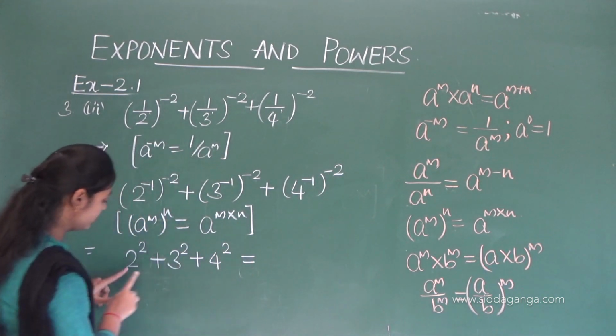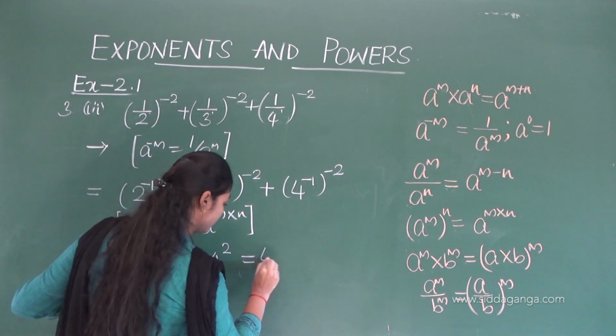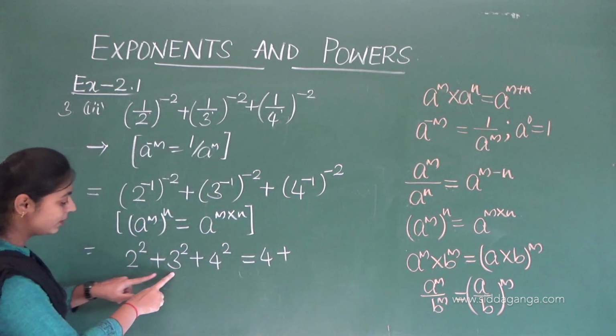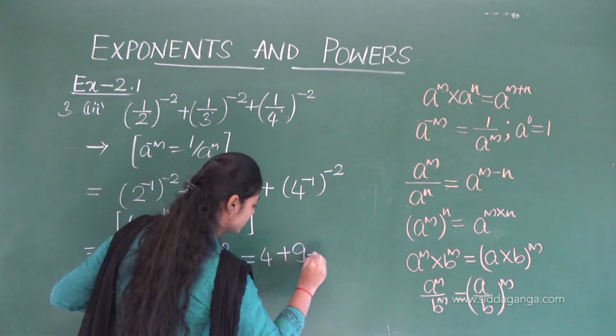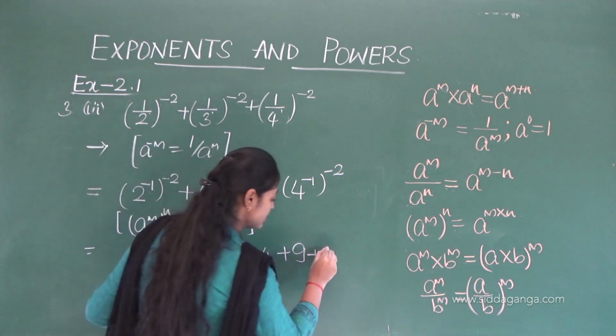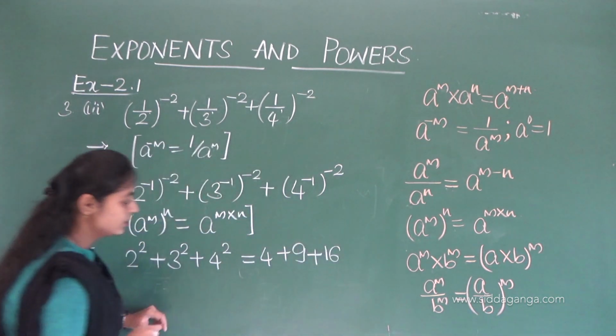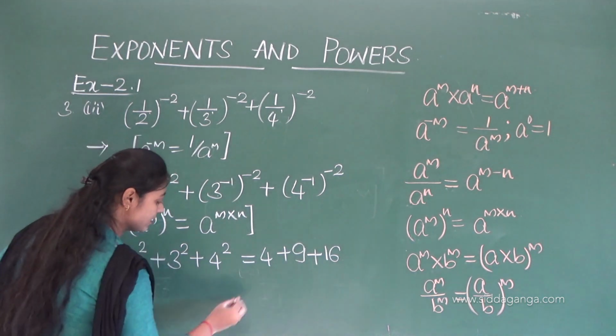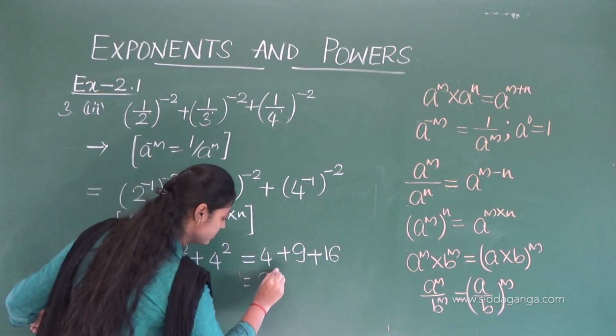That is 2 square is 4, 3 square is 9, 4 square is 16. So 16 plus 4 is 20, 20 plus 9 is 29.